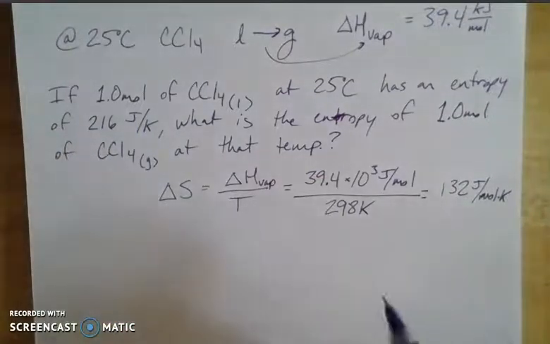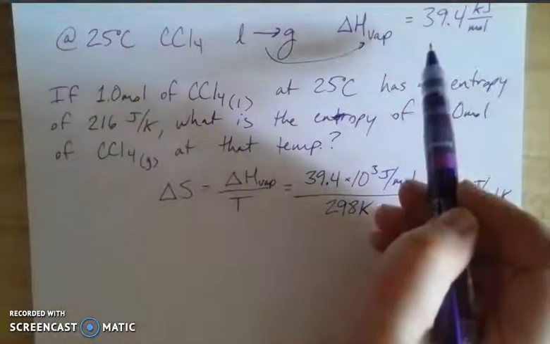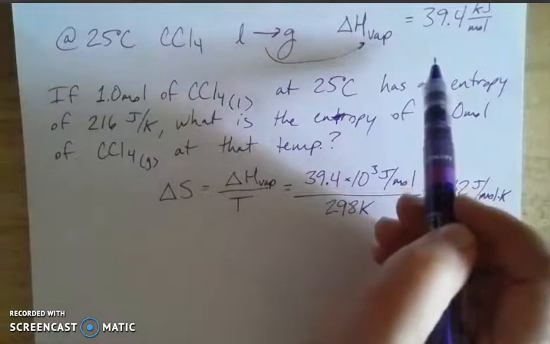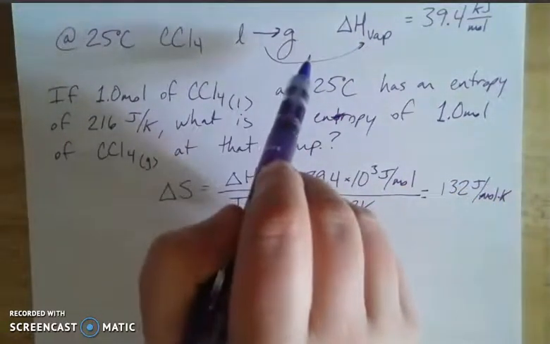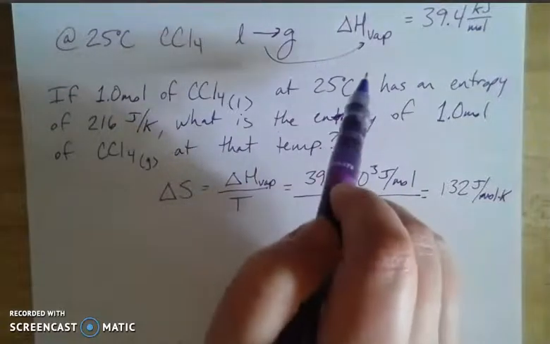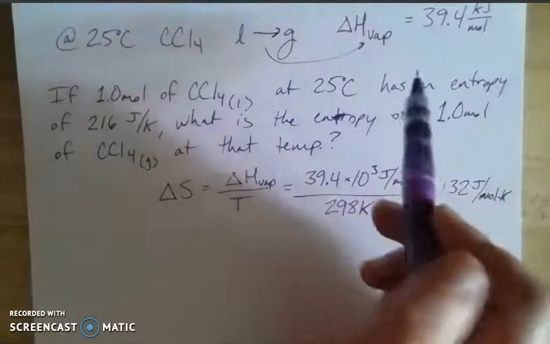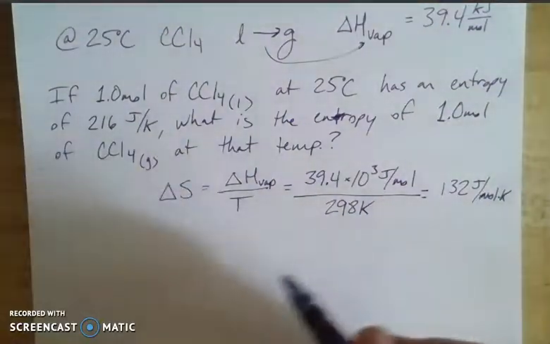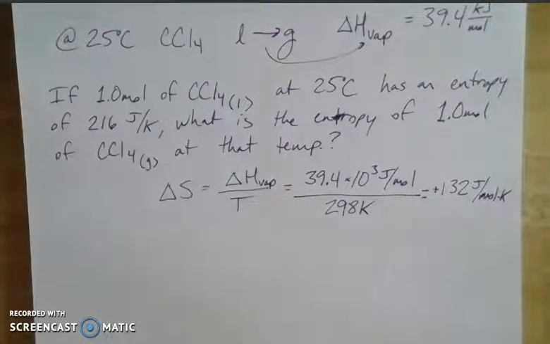When I look at this delta H, which is positive, and it makes sense that it's positive, right, I have to put energy in order to go from a liquid to a gas, so it's an endothermic process. Because delta H is positive, and with the way that this is set up, this is also giving me a positive entropy change, and that positive entropy means I'm getting more disordered.